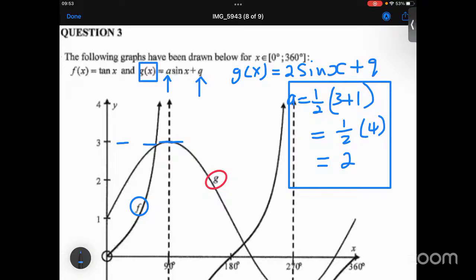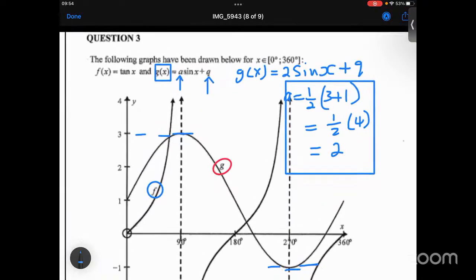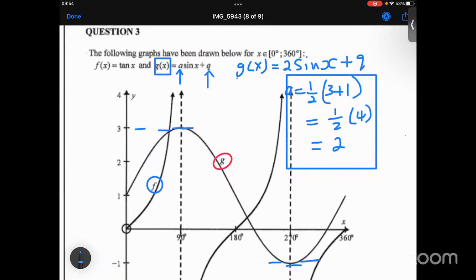So now we need to find that value of q. Remember, g of x simply means y. So this is the same as y equals 2 sine of x plus q. The reason why they say g of x instead of y is because you have more than one function.